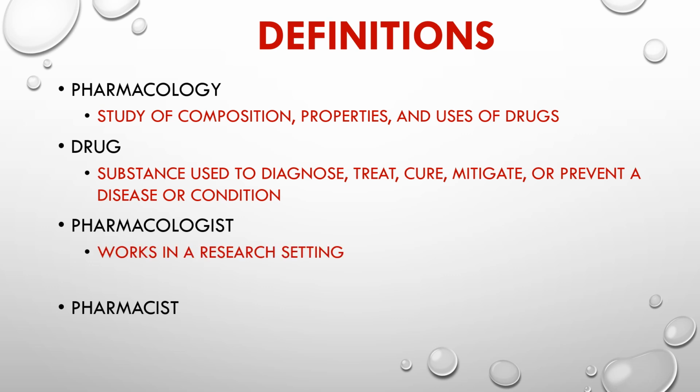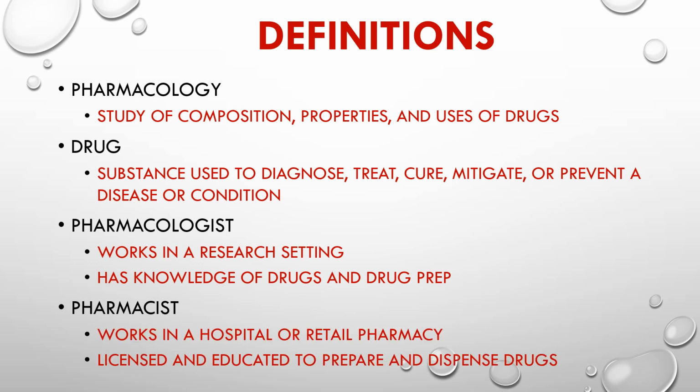A pharmacologist works in the research setting. So they're studying, more of the coming up with the drugs or identifying drugs and what they're used for. So they have knowledge of how drugs work and how to prepare them. So a lot of chemistry goes into that, as well as just scientific reasoning and critical thinking to actually research the drugs.